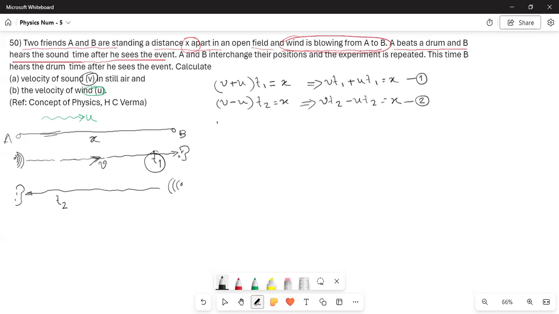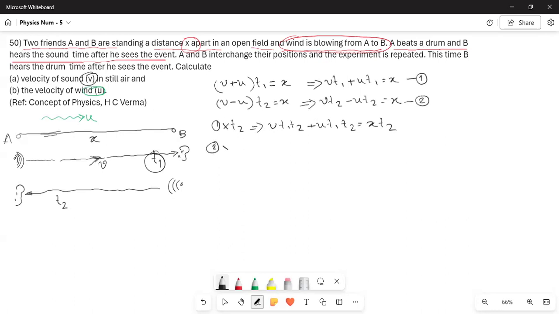If we multiply equation 1 by T2, then we find VT1T2 plus uT1T2 is equal to xT2.